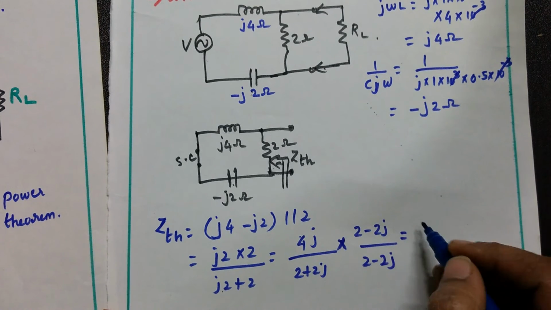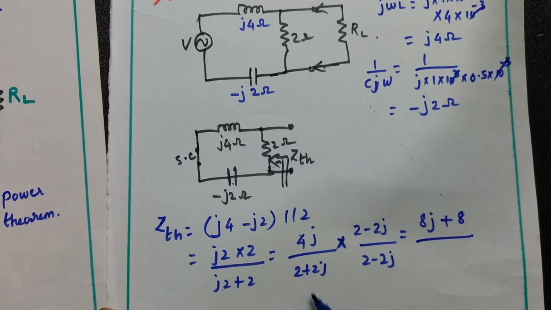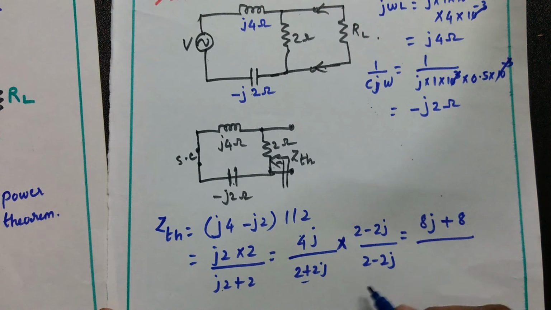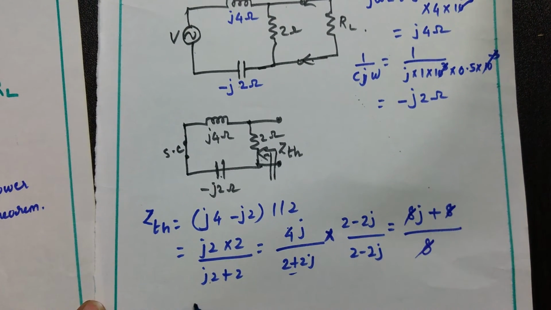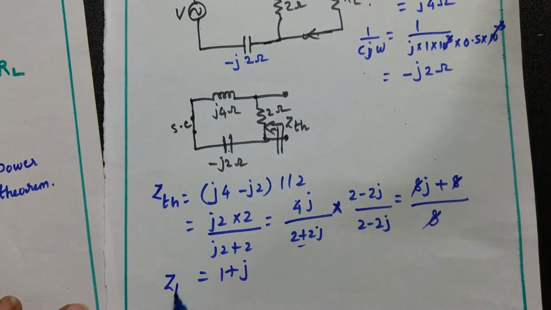Let me simplify this. The numerator is 8j plus 8, and the denominator, by a plus b into a minus b, is 2 square plus 2 square, which is 8. So this will get cancelled, and the answer is 1 plus j for the Z Thevenin.